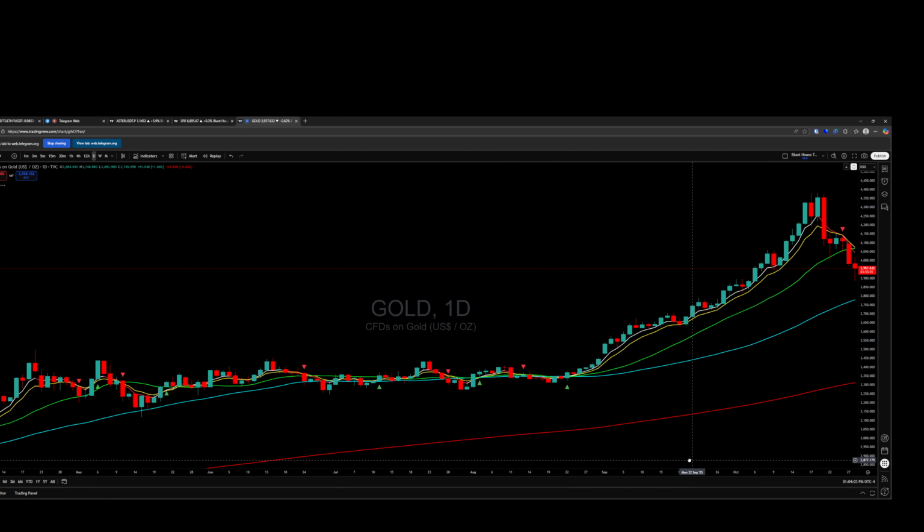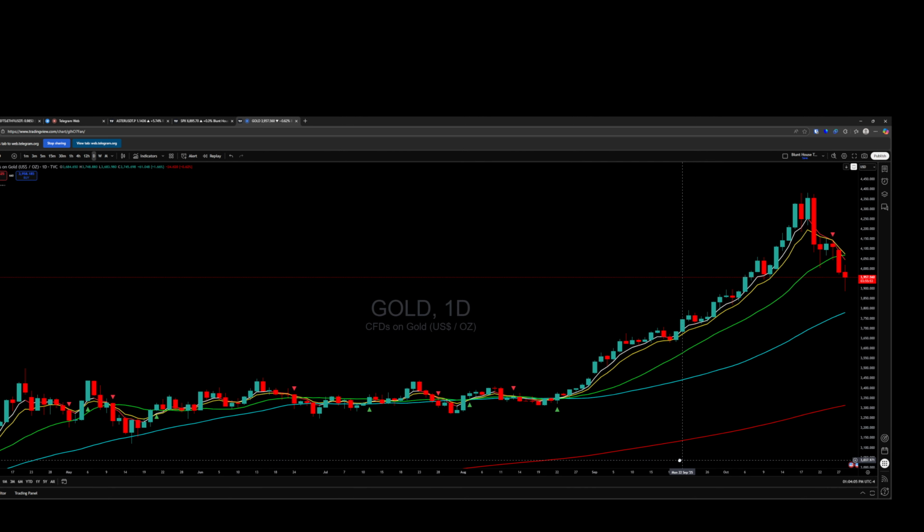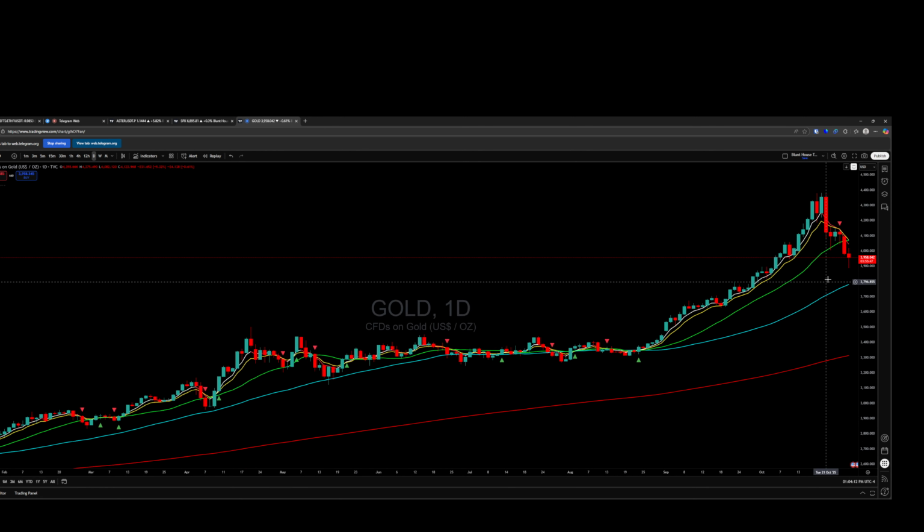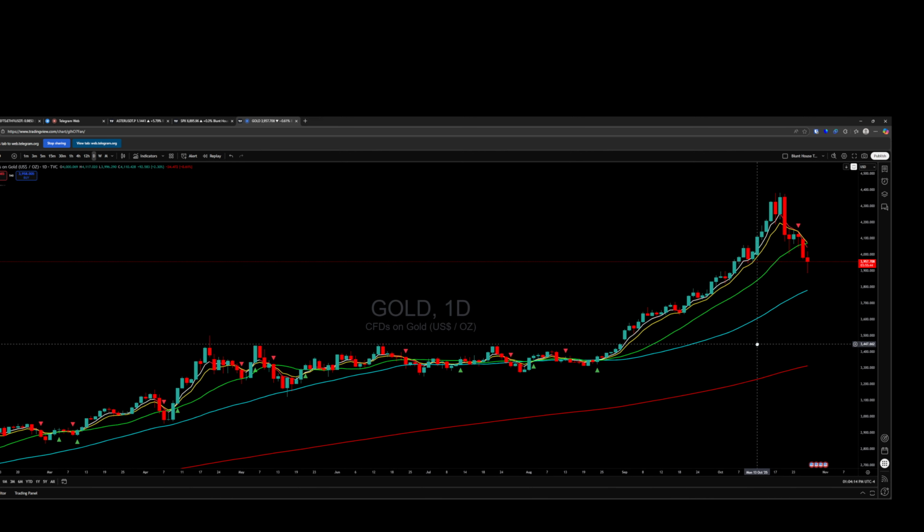Now, ultimately, price is going to be drawn to the next level down, which in this case is the 50 MA, because remember, time and price have to come together. The moving average, regardless of its length, is dynamic and will move.